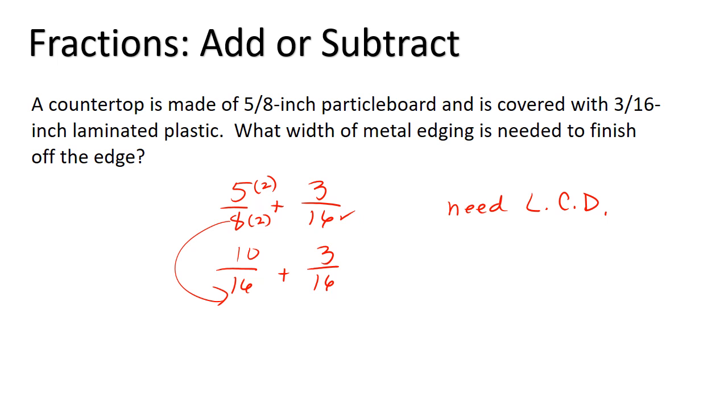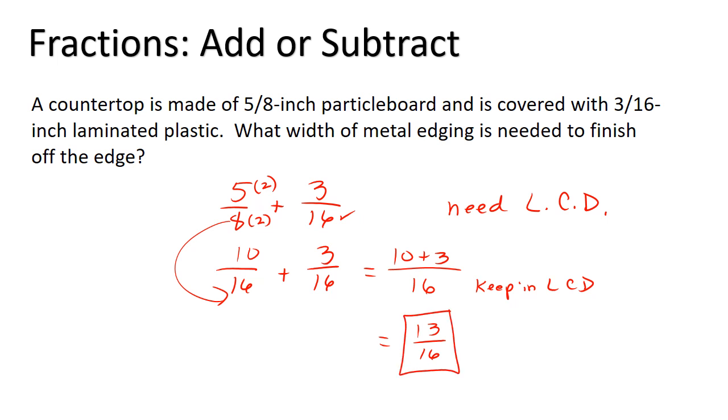Now, after you get the common denominator, you just keep it in the answer, and you add the numerators. So 10 plus 3. That's going to give me 13/16, which is in lowest terms. So that metal edging has to at least be 13/16 inches wide.